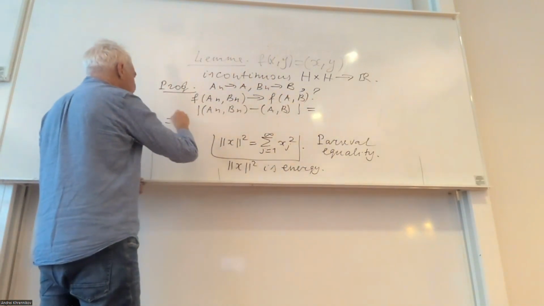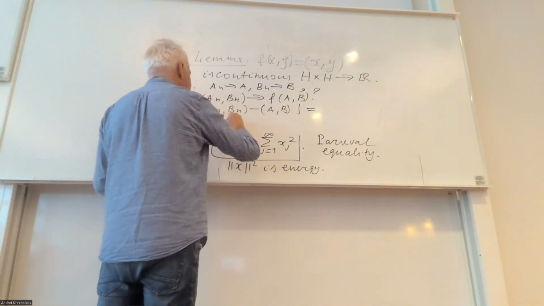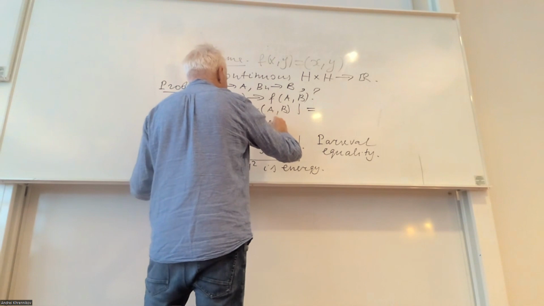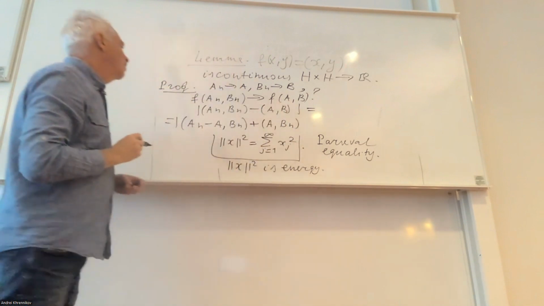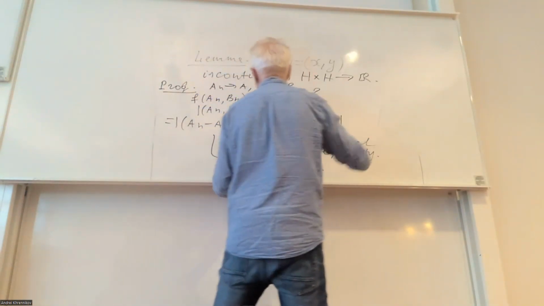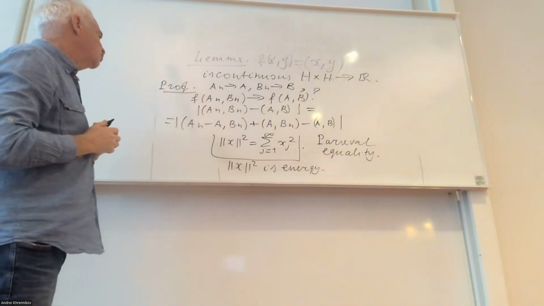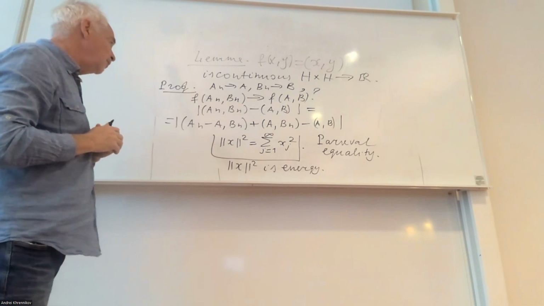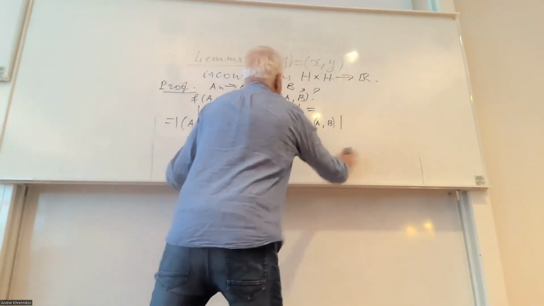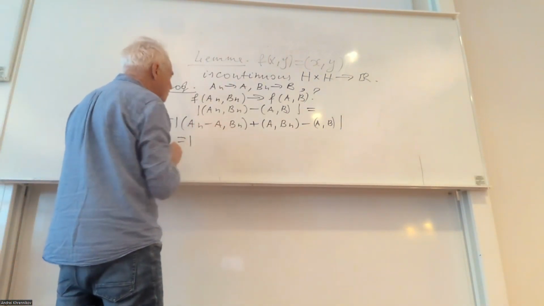I shall do the following: we want everywhere to get an minus a and bn minus b.